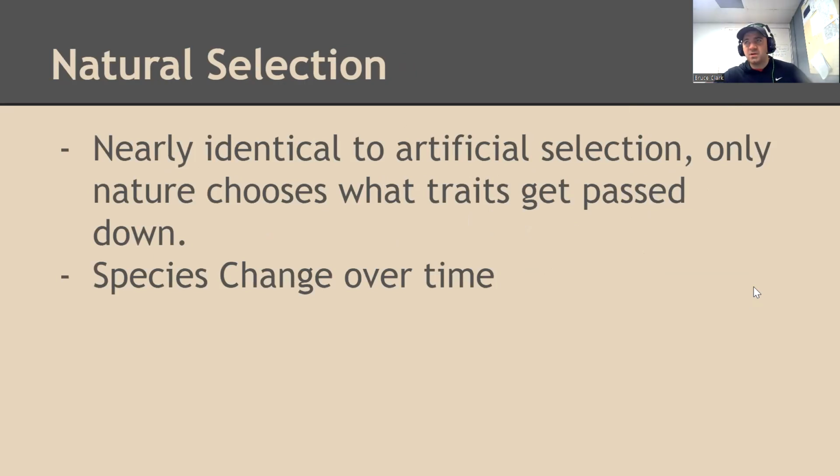This unit, we are going to be talking about the same thing. The only difference is we're going to be talking about natural selection. Okay, so natural selection is when nature does the choosing instead of humans. All right, so it's nearly identical, only nature chooses what traits get passed down.